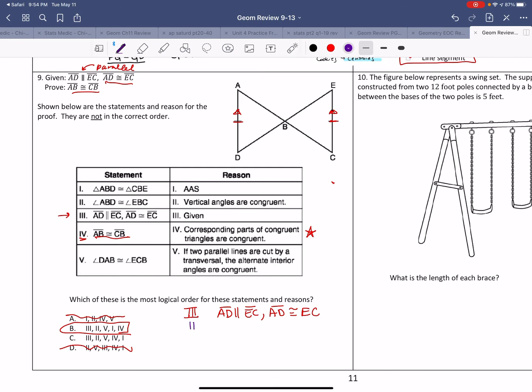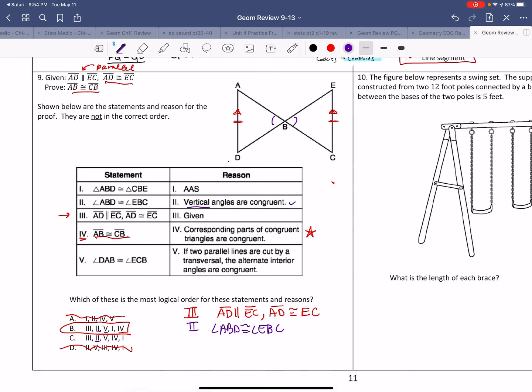So 2, both of them give 2 as the next step. So 2 is angle ABD has to match EBC. ABD, this one matches this one. That's vertical, right? And that's exactly what they said.